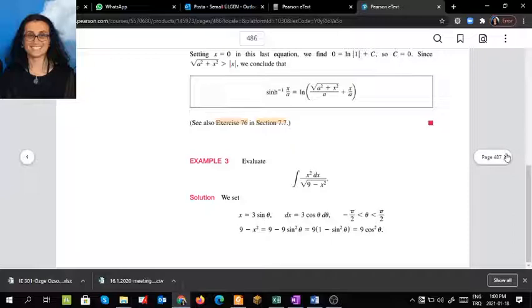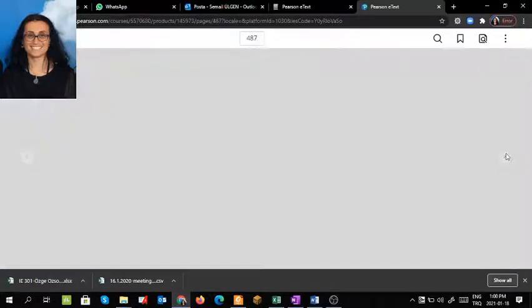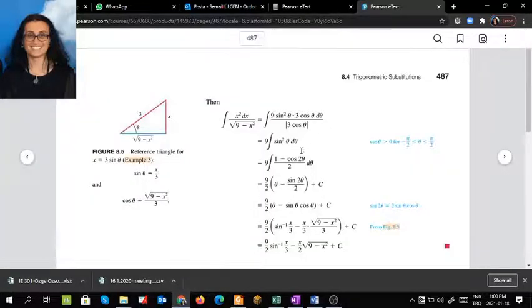You use that. When you plug it in, then things are going to get simpler, and this difficult integration becomes 9 integral sine squared theta d theta. You use the identity for sine squared theta, and you get it simpler.